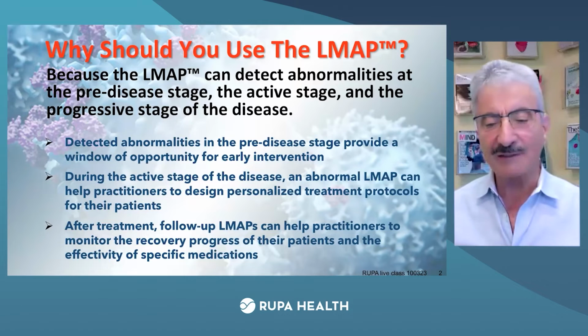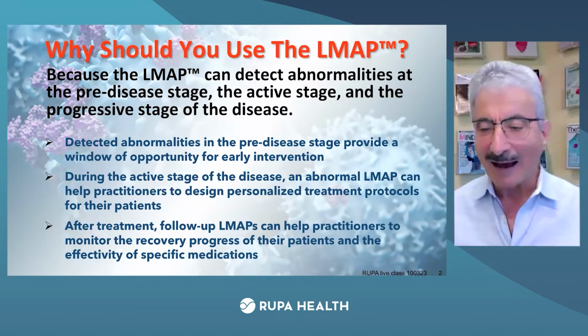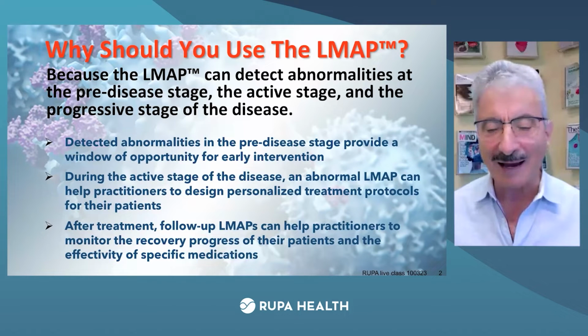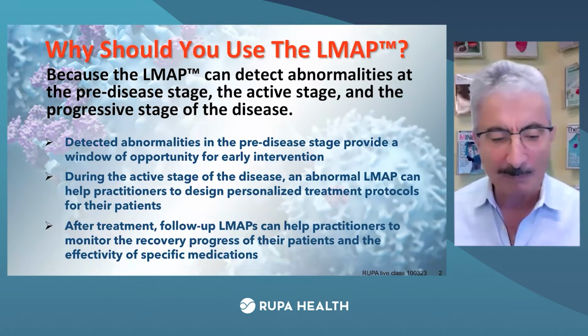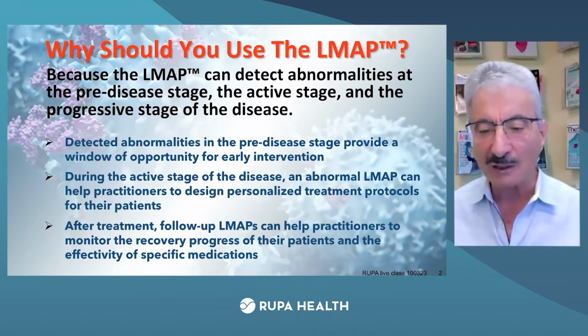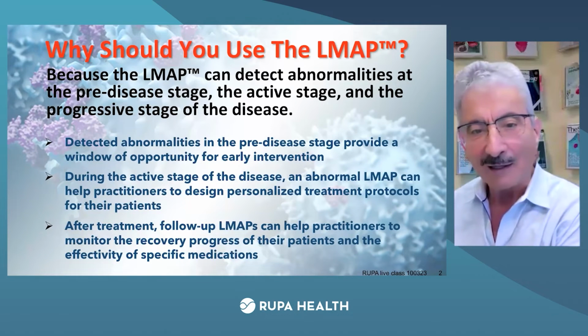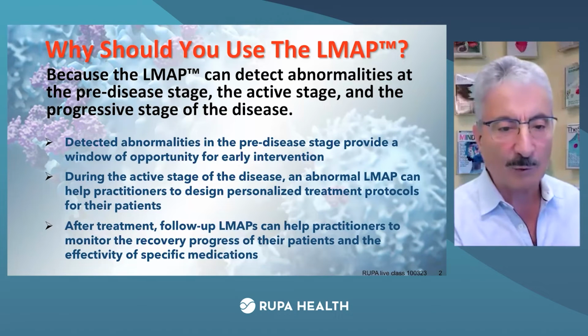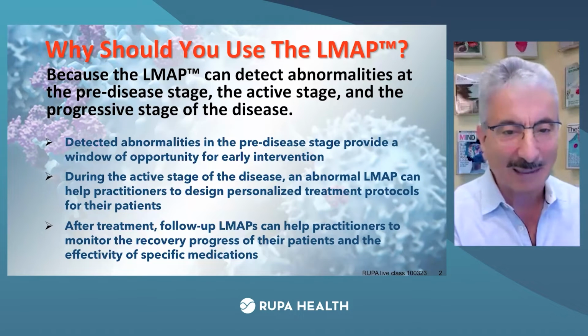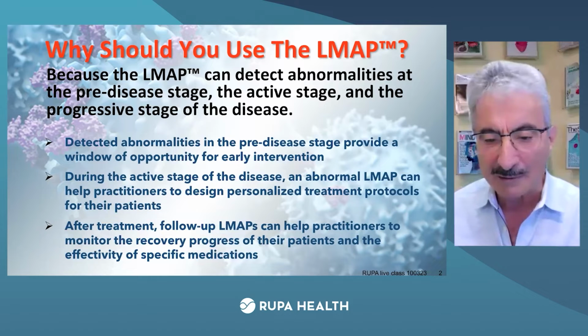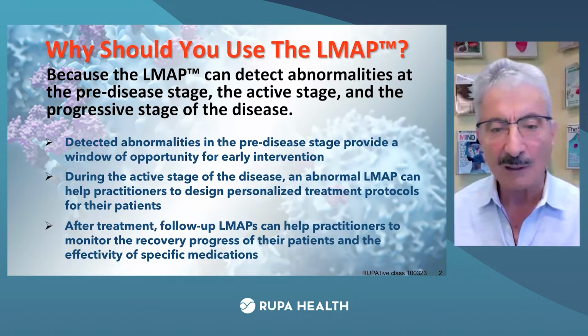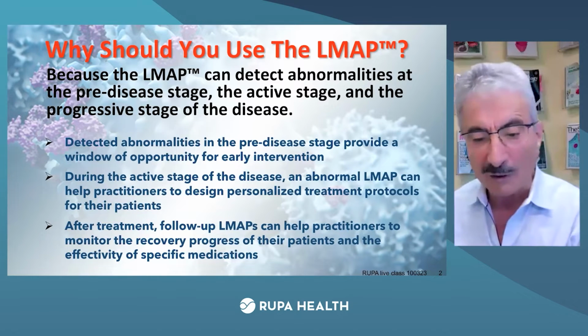Even during the active stage of the disease, an abnormal lymphocyte map can help practitioners to design personalized treatment protocols for their patients. Why? Because some may have abnormality at the T cell, another patient may have abnormality at the level of B cells. And therefore, the personalized treatment will be different from one patient to another.